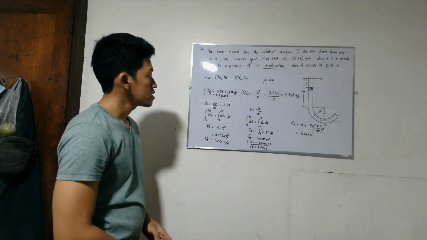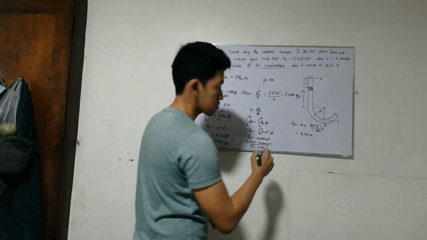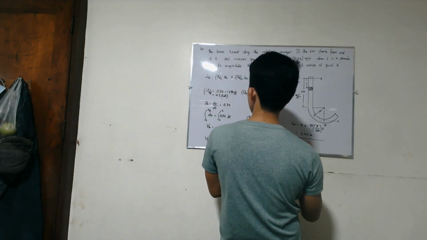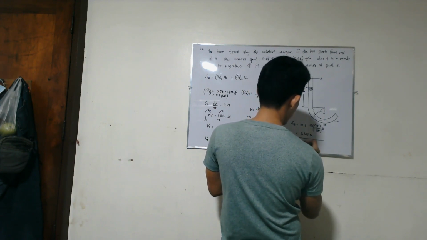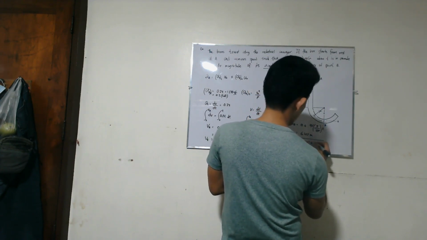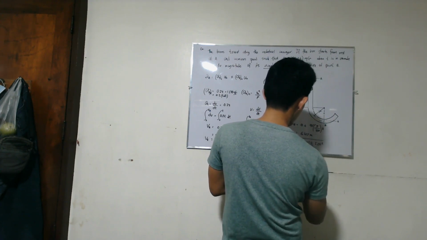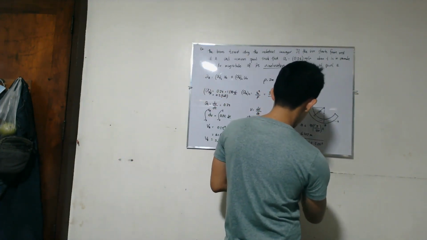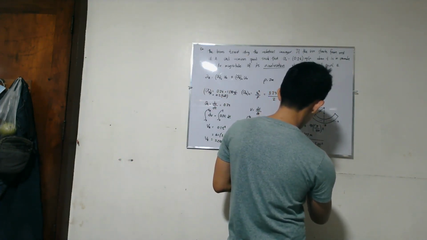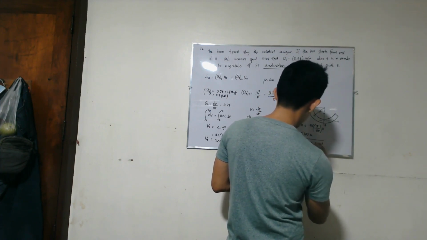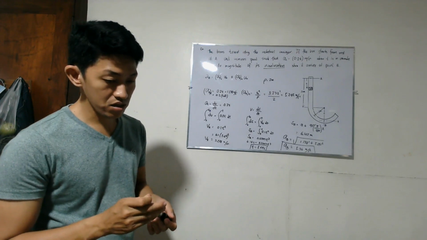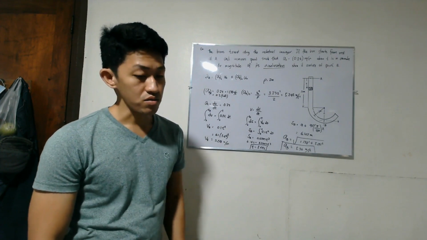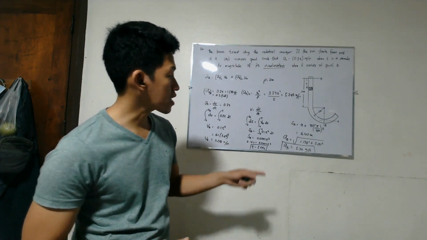Okay? Now, since pangitaon tawag magnitude, so get the square root of 1.138 squared plus 5.242 squared. This will give you 5.36. Okay, therefore the acceleration at point B is 5.36. Okay, so unsa nimo pagkuha ang direction?